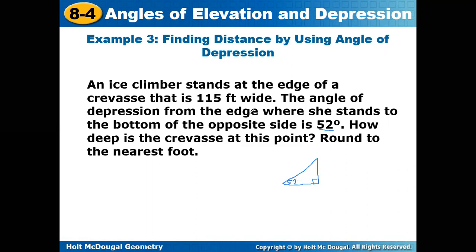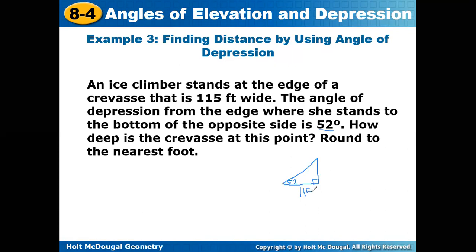And read the question again, you will see a number. This number may be this leg, or the hypotenuse. If you read it well, you will see that the ice climber stands at the edge of a crevasse that is 115 wide. 115 wide means we will put 115 on this leg, okay?